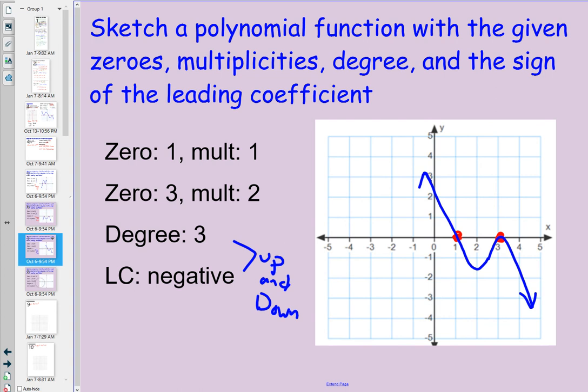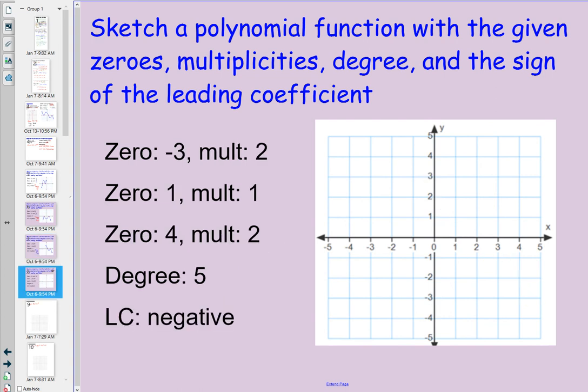And then, that's what you would have done. Now we have 3 zeros, negative 3, 1, and 4. And we have a 5th degree. Okay? With the negative, what's the end behavior there?